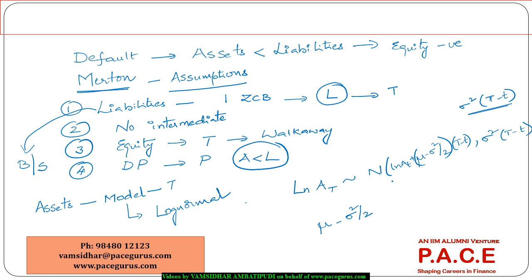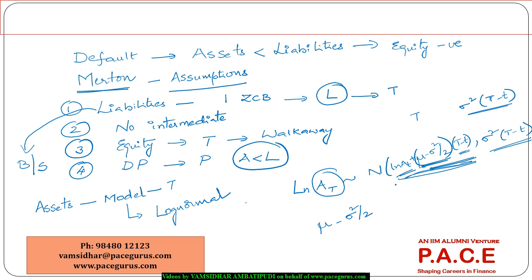Because this is the drift parameter, I'll take whatever is the current log asset price, and at time T there is still T minus t period. So I can say the logarithm of the asset prices follow a normal distribution with this much mean and this much variance.